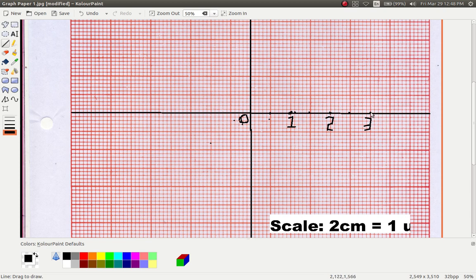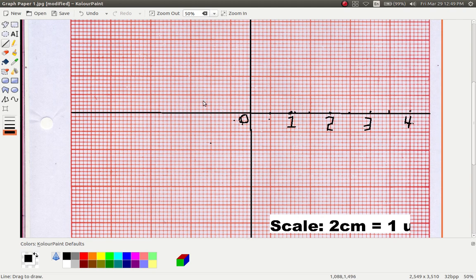Continue. From this point I go 1 centimeter, 2 centimeters. So the next unit is here. So from 3, 1 centimeter, 2 centimeters, 1 more unit makes 4. So my 4 is here. And so on and so forth.